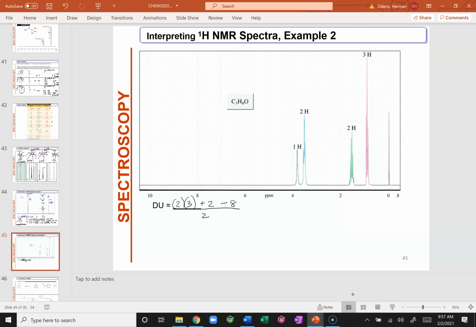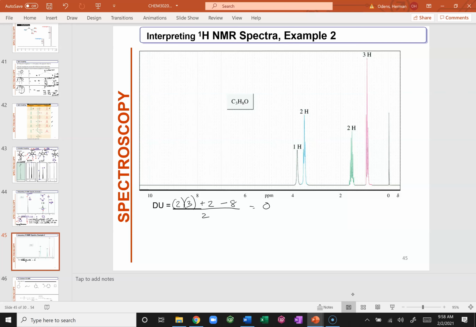That will be my DU. Find DU. 2 times 3 is 6, plus 2 is 8. 8 minus 8 is 0. All right. Okay. So I have a total of 1, 3, 5, 8 hydrogens in the spectrum. And that matches the 8 right here.